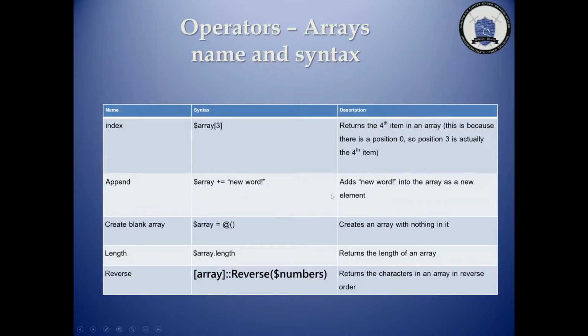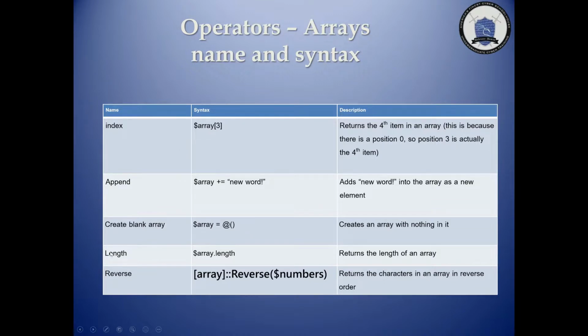So again, what this is going to do is it's going to add this string, new word, to the end of the array. We've already talked about creating a blank array. Remember when we did assignment operator equals to the at and then open and close parentheses. That again creates an array with nothing in it.